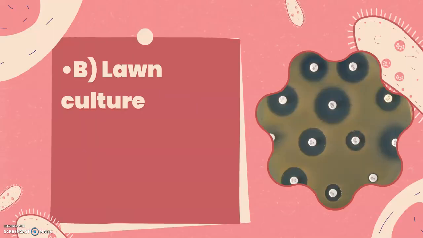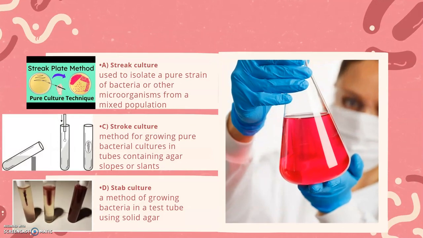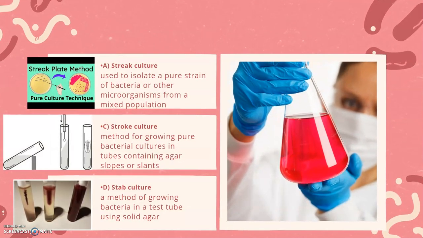The answer is lawn culture. Lawn culture is used for obtaining uniform growth of microorganism, which is used in the case of antibiotic susceptibility testing. Whereas streak culture is used for isolating a pure strain of bacteria from a mixed population.